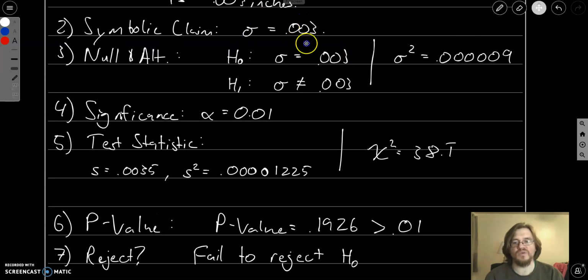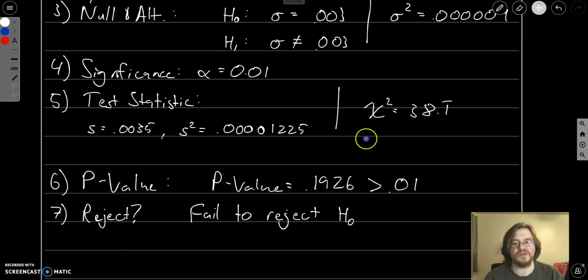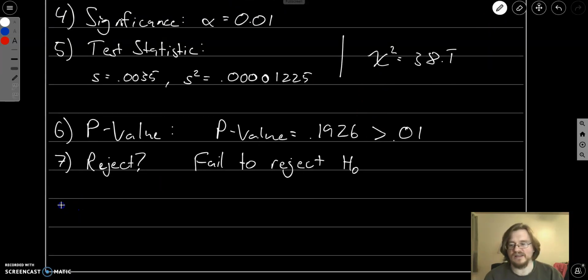But this was our original claim as well, that the standard deviation for the width of the sprockets is 0.003. So let's write that down.